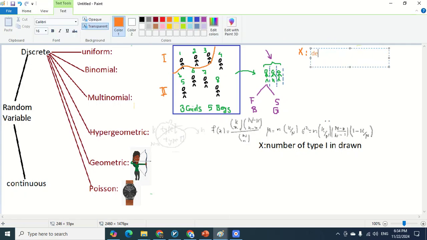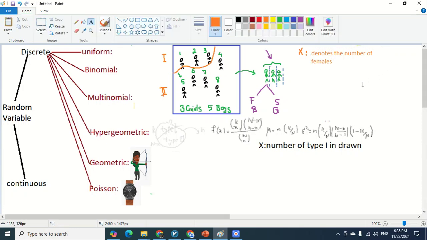Let's assume that X denotes the number of girls, or females, in that committee. So in this case, we should calculate the distribution by using the hypergeometric distribution.